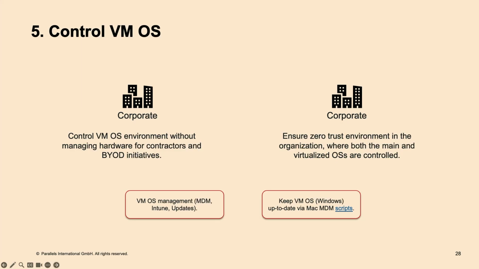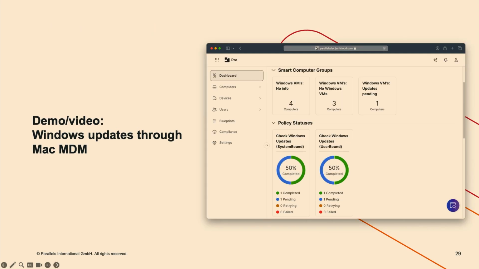But if you want to keep Windows up to date only and control only Windows updates, you can actually stick to Mac MDM scripts. And again, we will see it on the example of Parallels Desktop and Jamf. I won't be showing you enrollment into Intune, but rather scripts for keeping Windows up to date via MDM, because it's much simpler and more fun.